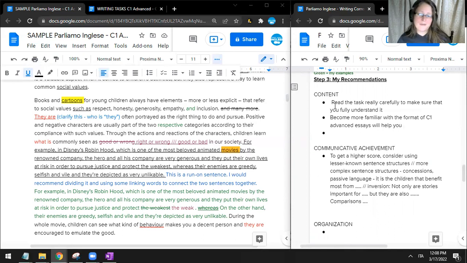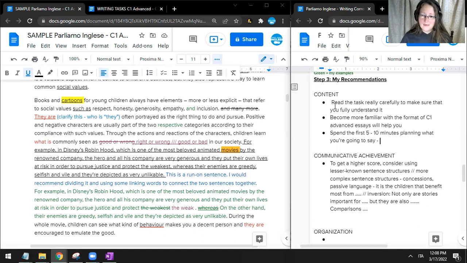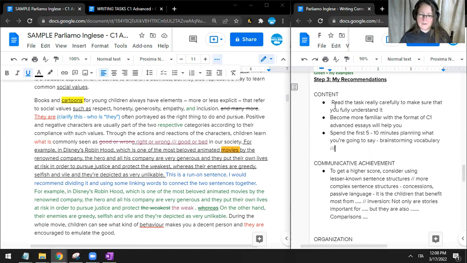And so once you have the task figured out, the best course of action when doing an essay is to try to spend the first 5, even 10 minutes planning what you're going to say. So brainstorming vocabulary also falls under that, choosing your points and your examples.